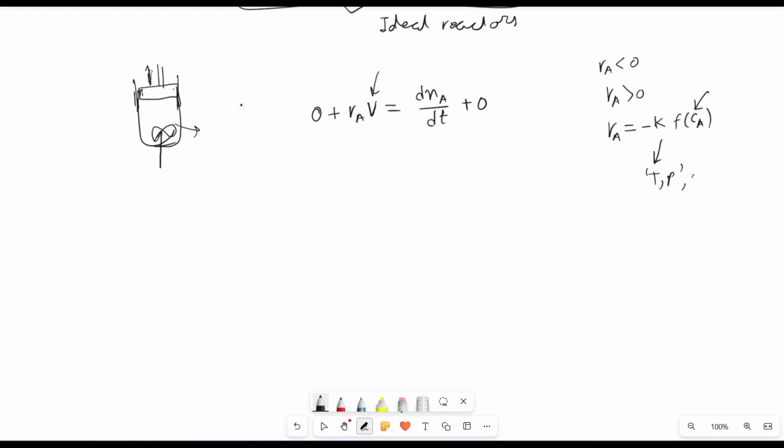Or the reactor volume may itself change if the supporting overhead changes its position. But suppose the volume V is constant, then this expression will be R_A equals d(N_A/V) by dt.